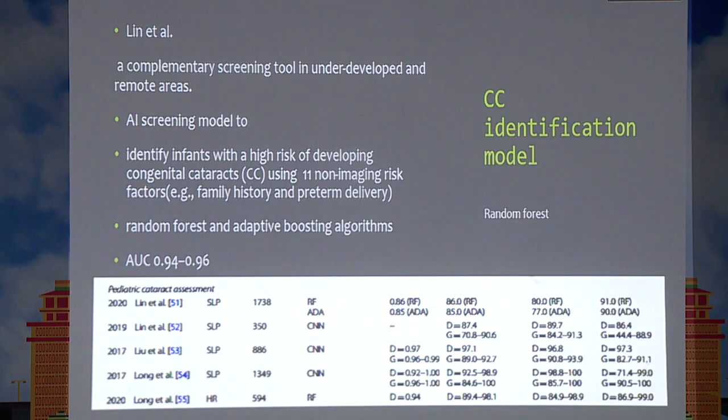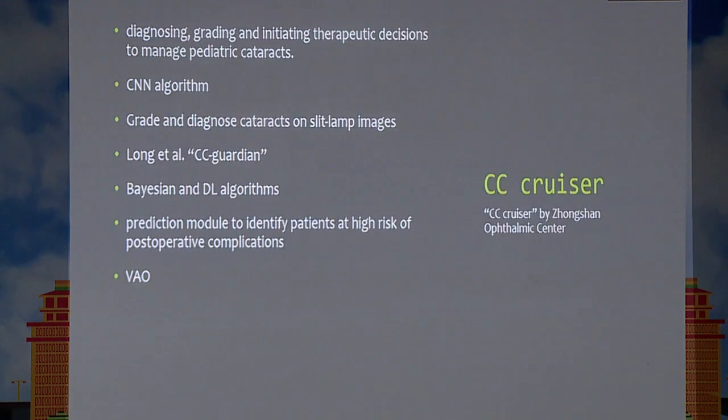So far as congenital cataracts are concerned, Lin et al. gave us an AI screening tool based on the various risk factors that were there. It worked very well in China. And then we all remember Zhongshan Ophthalmic Center gave us the CC-Cruiser, which was a cortical neural network for diagnosing and grading and initiating the therapeutic decisions in pediatric cataracts.